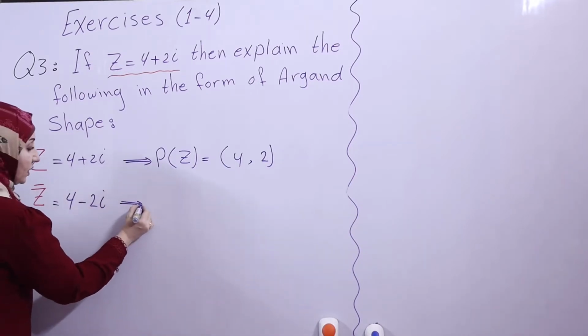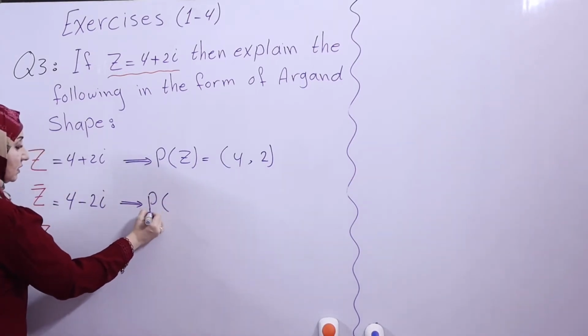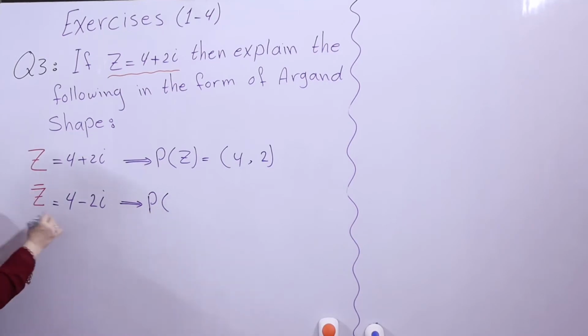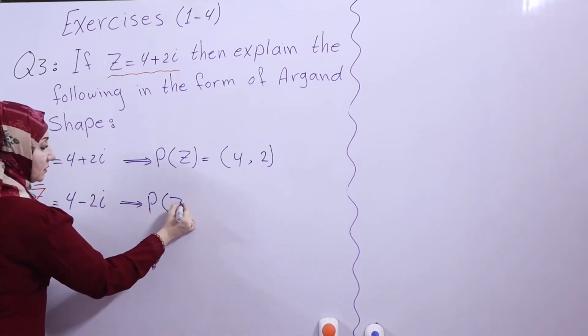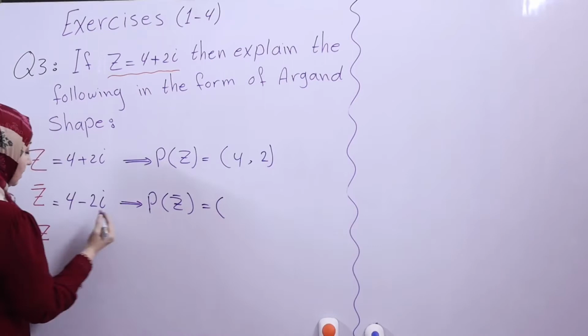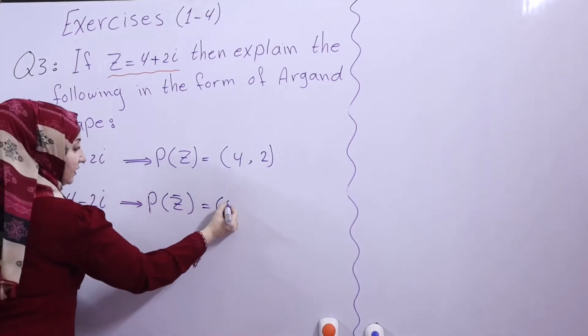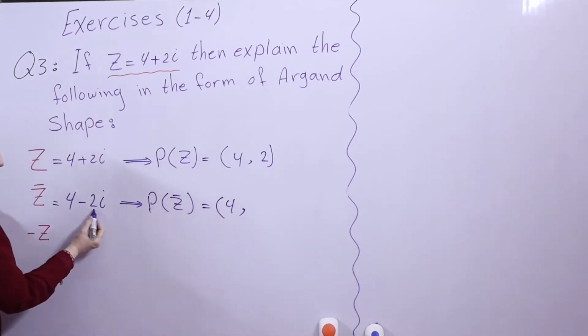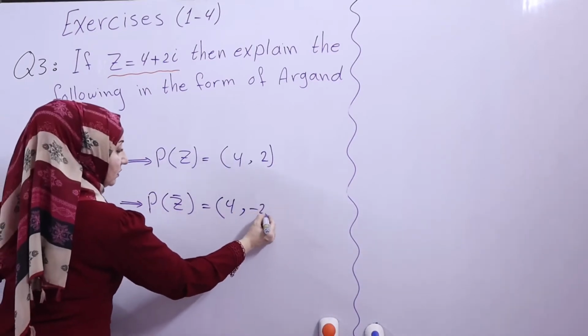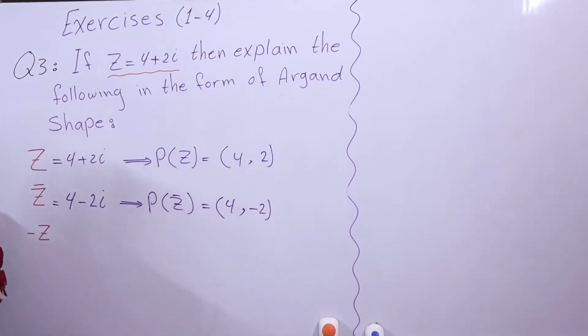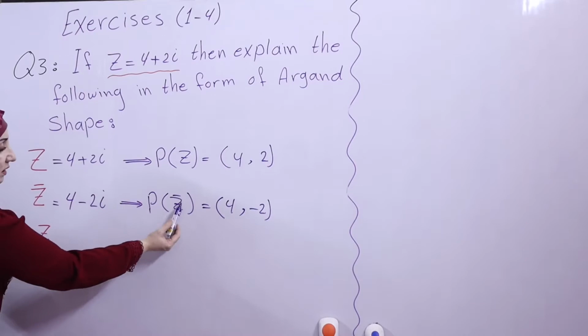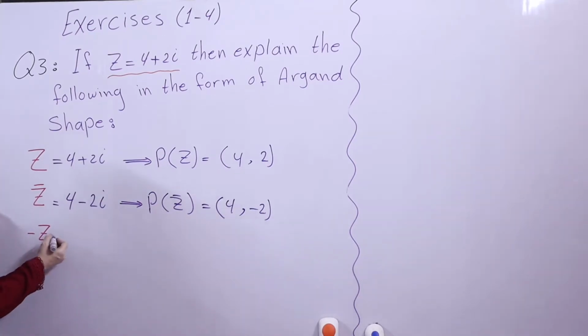That means the point which represents the complex number z bar: the real part will be the x coordinate and the imaginary part will be the y coordinate. So this is the ordered pair which represents z bar. And now we have negative z.